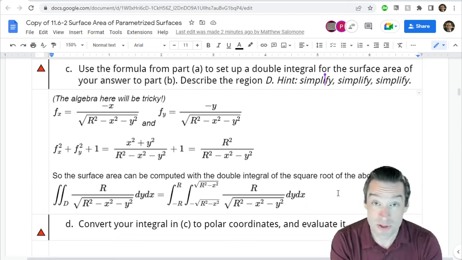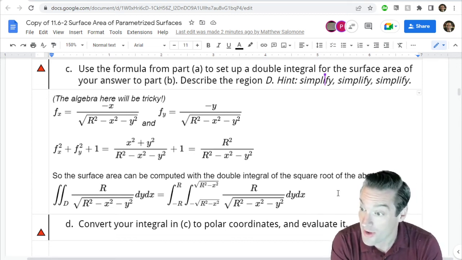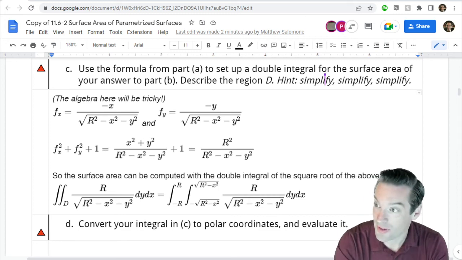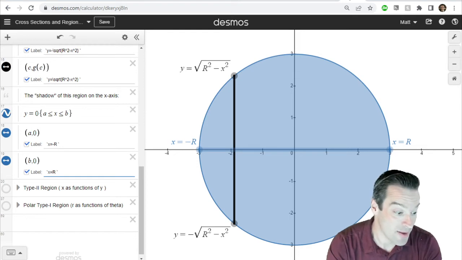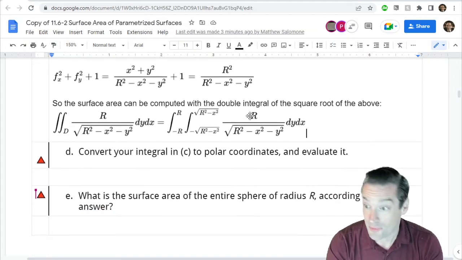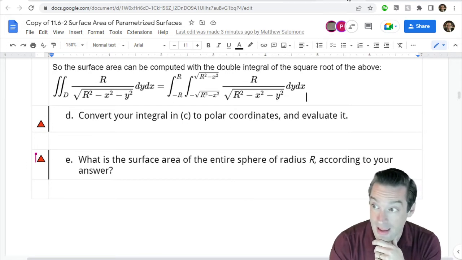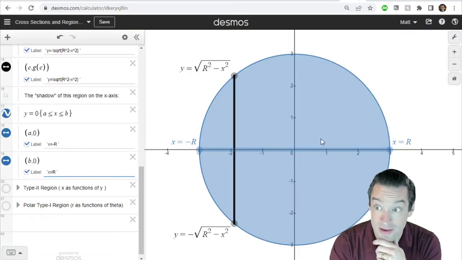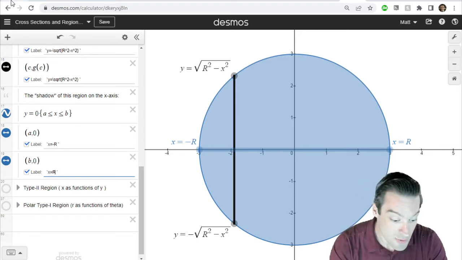So there is another option available to us. Anytime we have an integral in rectangular coordinates that looks kind of messy, but it looks like we're doing some stuff that is better described with a radius and an angle instead of an x-coordinate and a y-coordinate, we should think about converting to polar coordinates. So that's what I want us to do next: take this integral that we just set up and this region that we just tape measured, and instead of using x and y coordinates to express it, use polar coordinates.